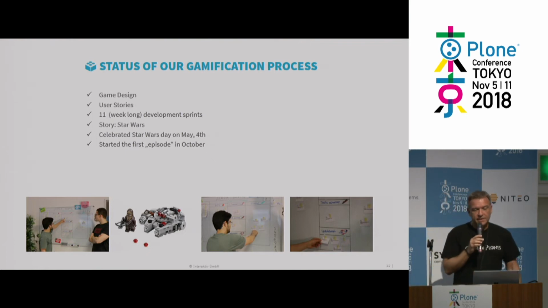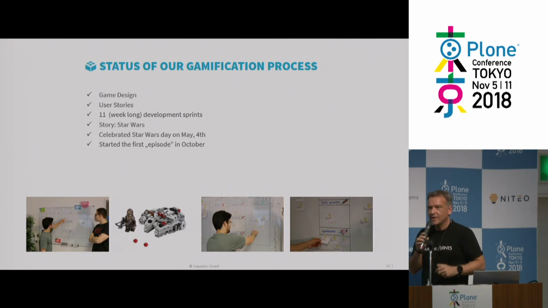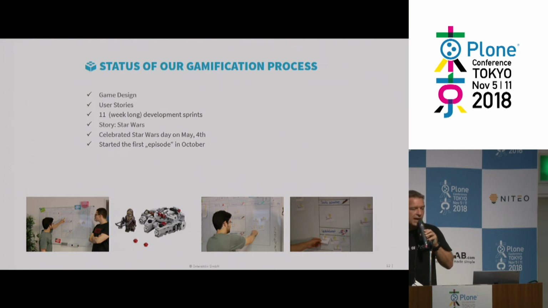We started the first episode, the first part of the gamification program, in October. And every episode is 30 days. So we can reward people after one episode, after 1 month. And then you go on, you collect your points for the next episode. And at the end of the year, for example, we have an overall winner of the game.